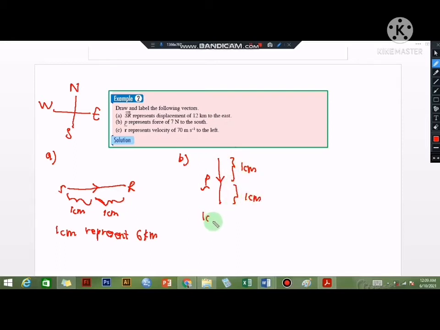So 1 cm represents 3.5 Newton. That's it. This is how you do it. We are done with B.